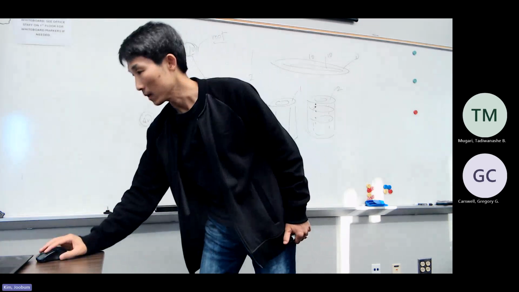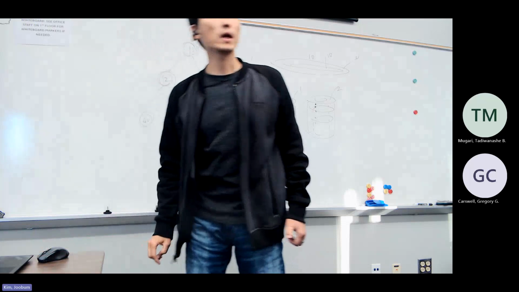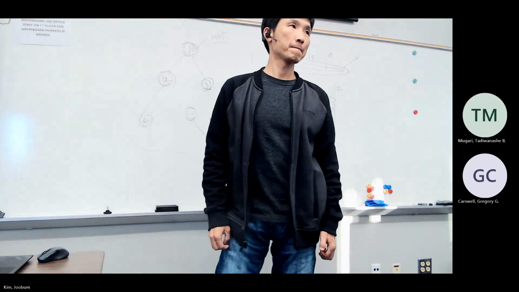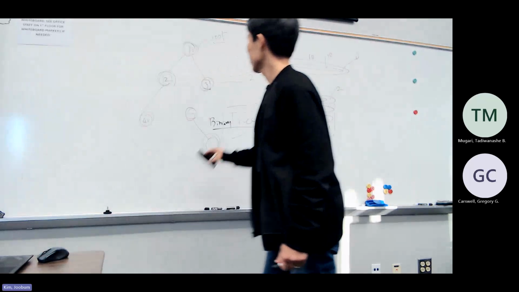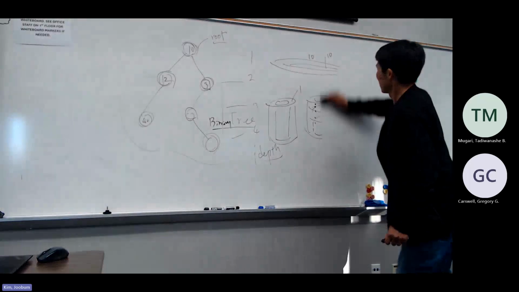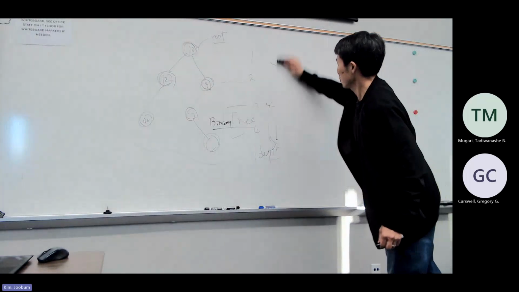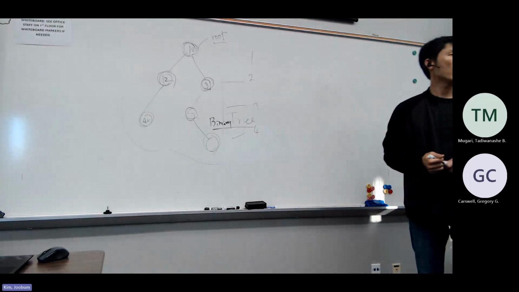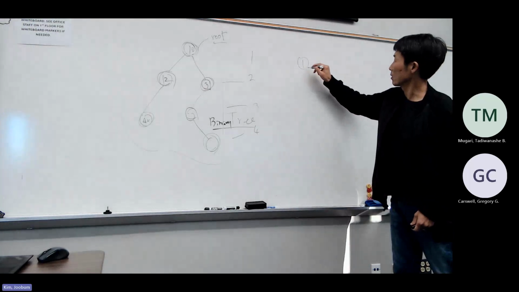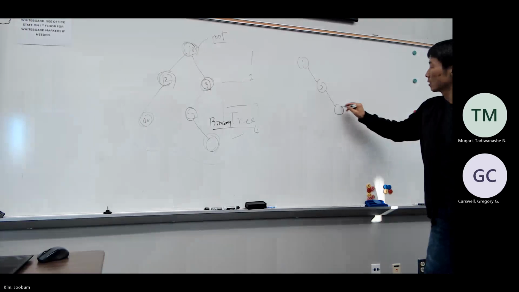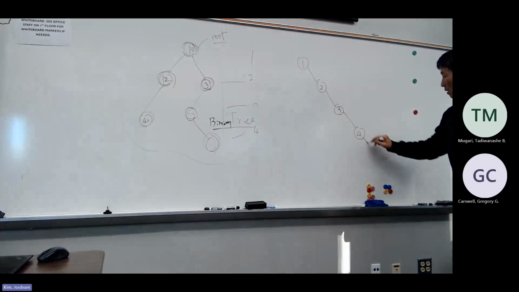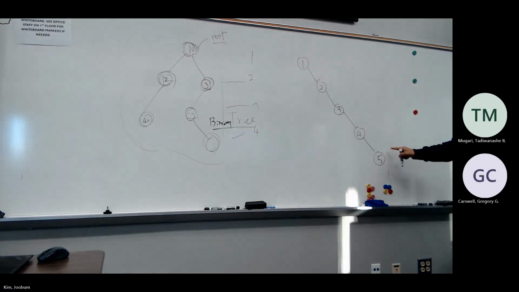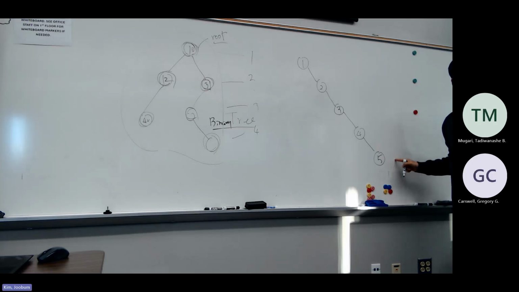So one more thing is that a B plus tree is a balanced tree. Balanced and unbalanced means, for example, when you store data 1, 2, 3, 4, 5, maybe you can store 1, 2, 3, 4, 5. This is a tree, right?